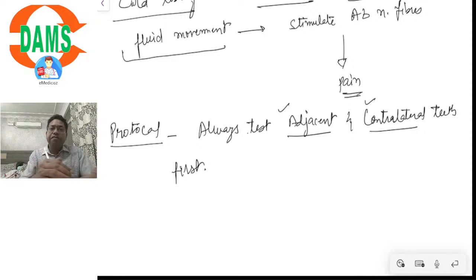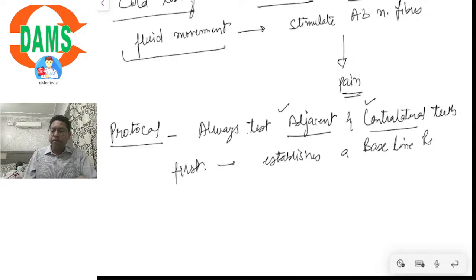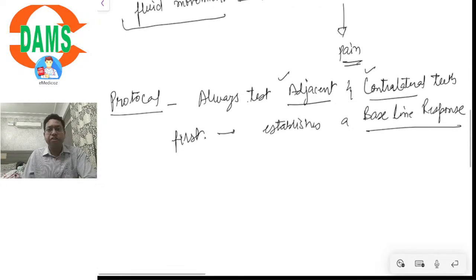So, remember that whenever you are applying a cold stimulus, it would never be applied directly onto the offending tooth or the tooth suspected of being the culprit. We would always apply the agent on the adjacent and the contralateral teeth of the same arch. This helps in establishing a baseline response from the patient.